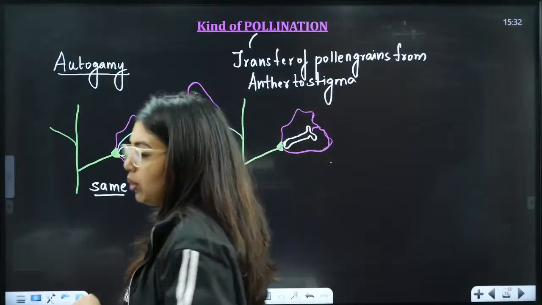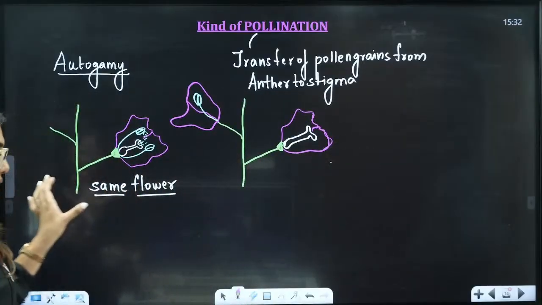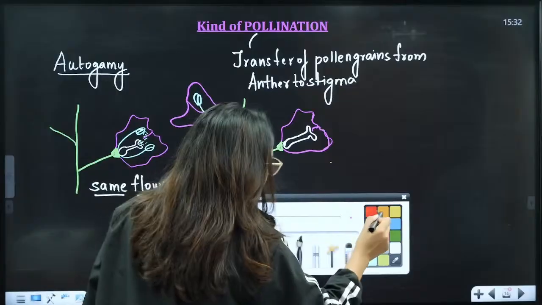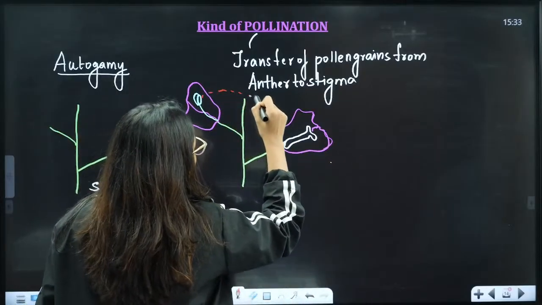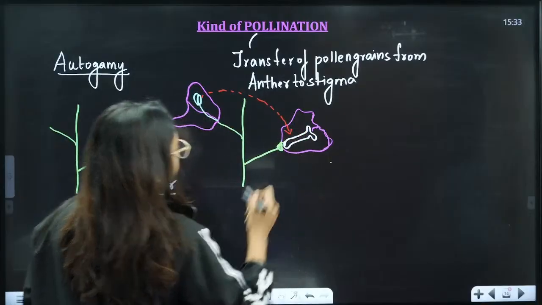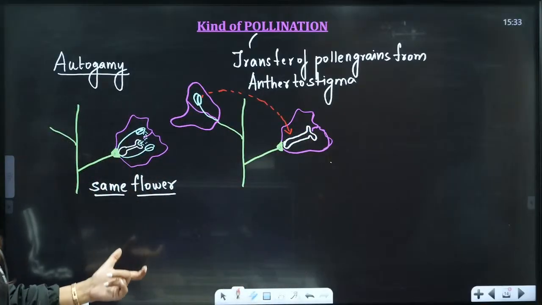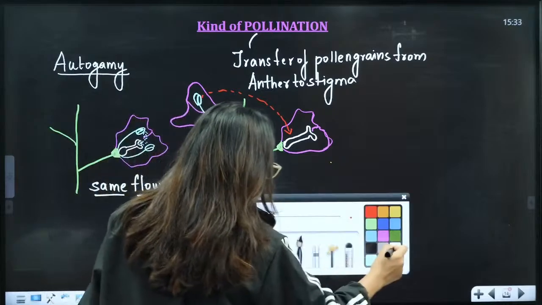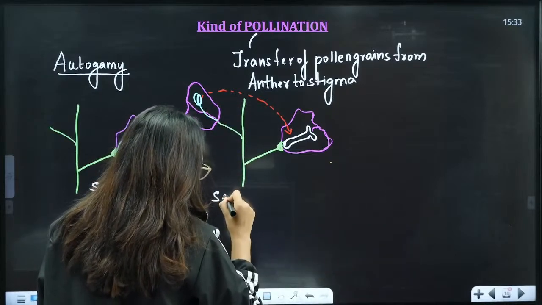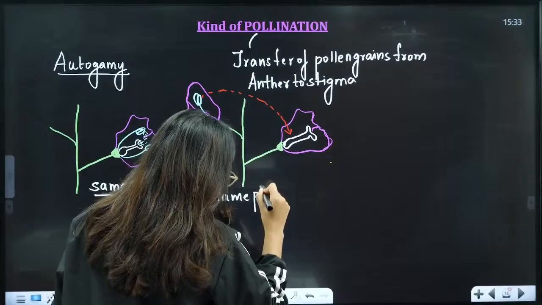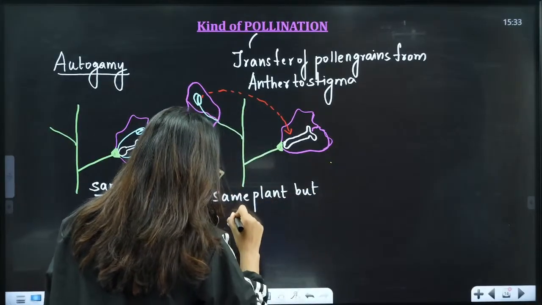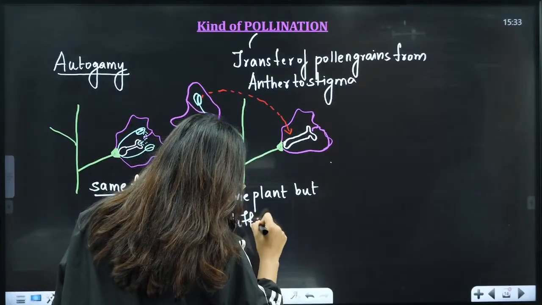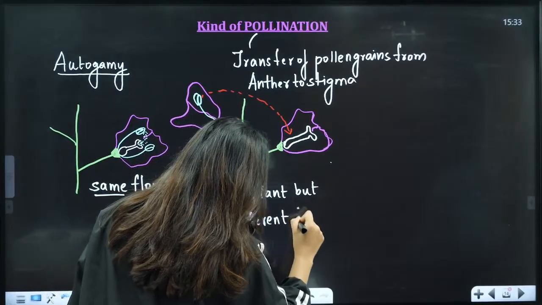So here what's happening, students? One plant, yes ma'am, one plant. Here the pollen grains are going to go from here to here. That means on the same plant, but a different flower.